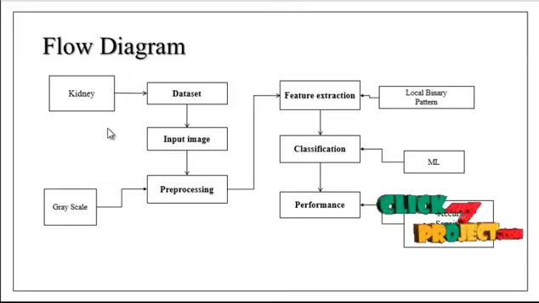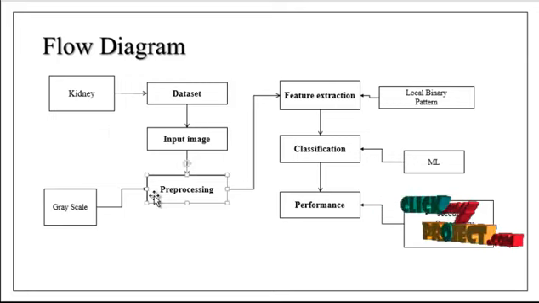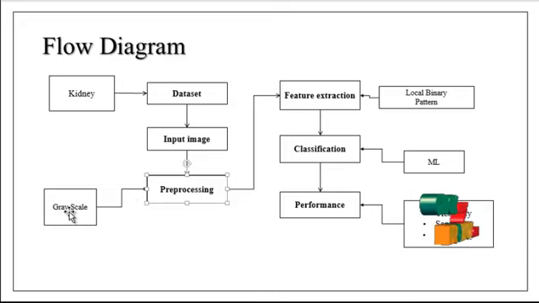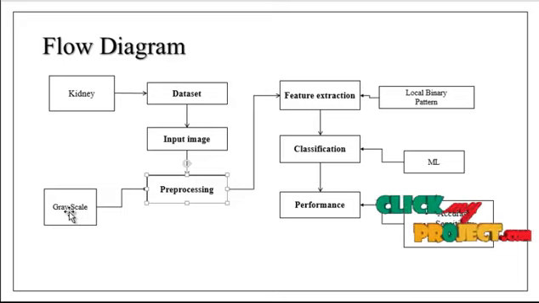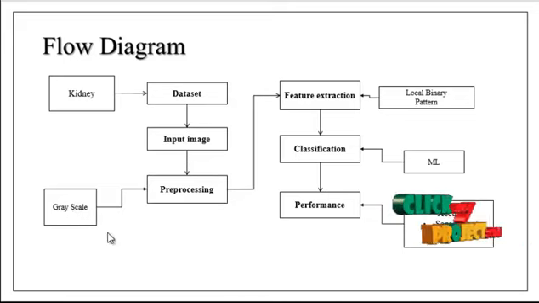After taking any one image as an input, the pre-processing will be carried out. In this pre-processing, before going to the grayscale, we have two stages. One is the image resize, and the other one is the channel separation. In the image resize, the image will be resized to 224 by 224, which means the number of rows and the number of columns in the image will be 224.